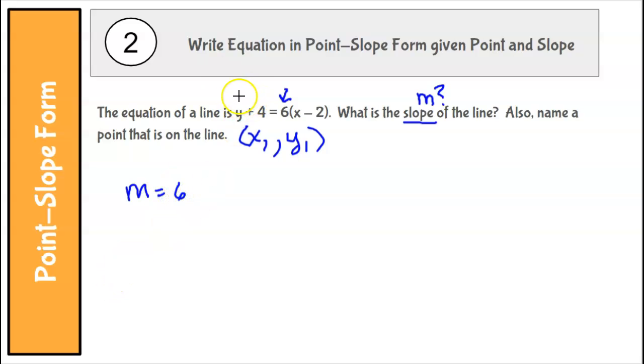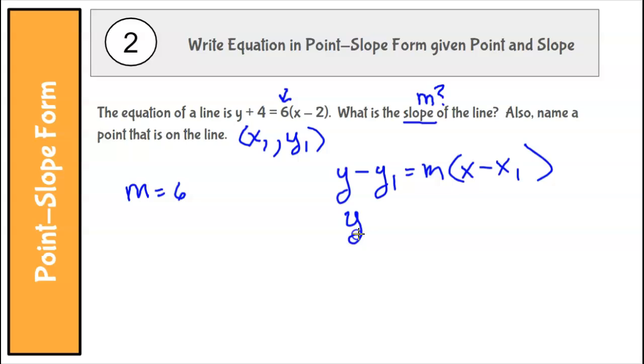And the point, remember the form is y minus y sub 1 equals m times x minus x1. So if I put this so that it's minus, but the same equivalent equation, I'm not even going to put the 6, x minus 2. So I changed the plus to minus a negative so that it fits the template.